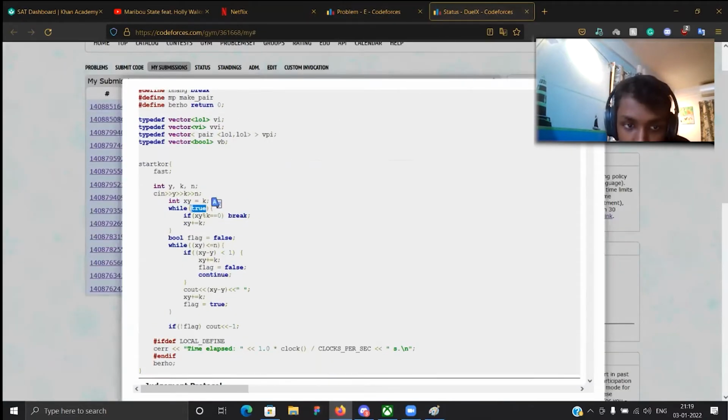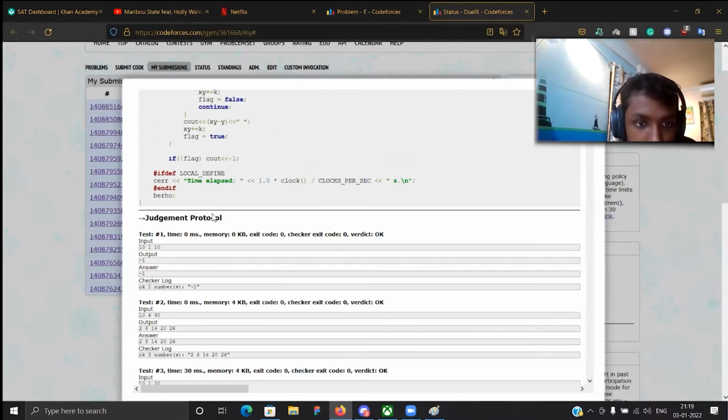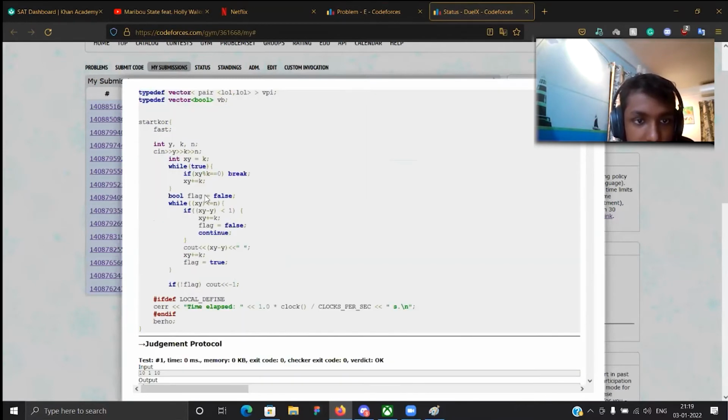Then I'm running a loop until I find the matching value, which is divisible by k. So I'm trying to find the first value, and once I get it, I keep on adding 6, 6, 6.